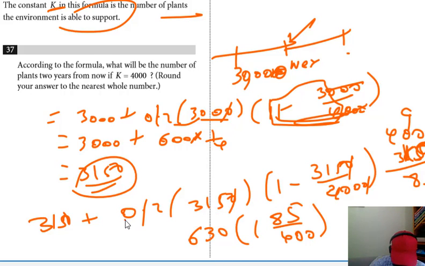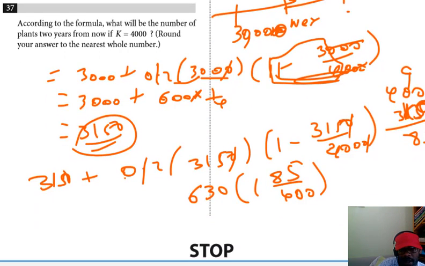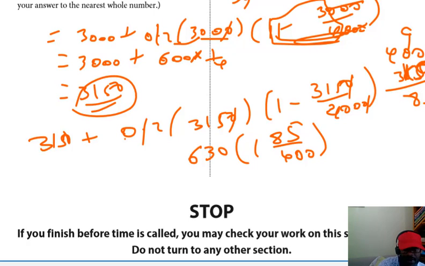When you calculate this out, 630 times 850 divided by 4,000 is the same as about 133.875.